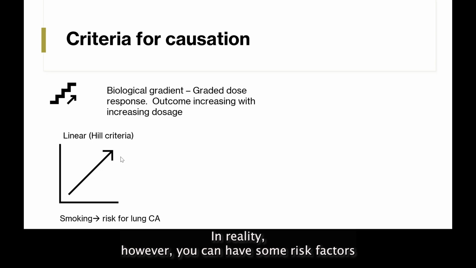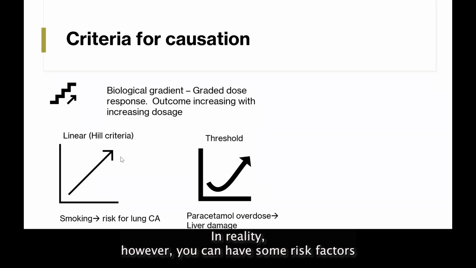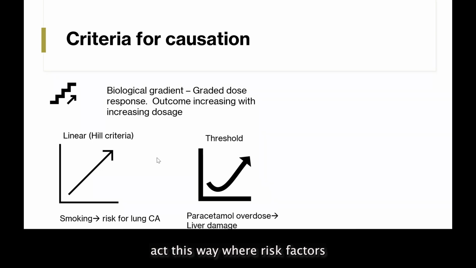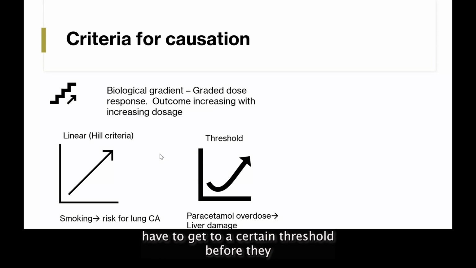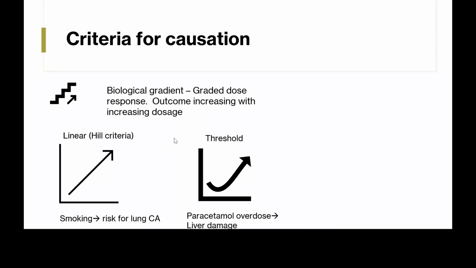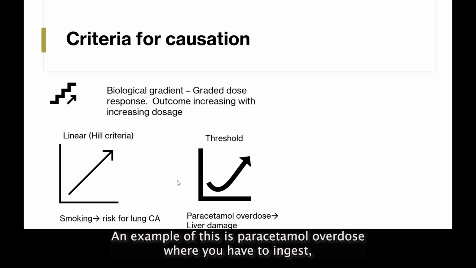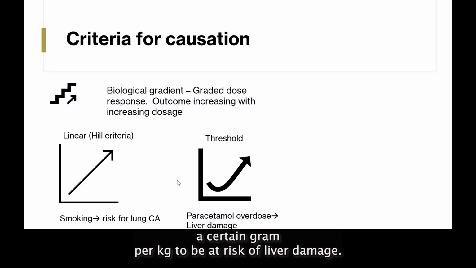In reality, however, you can have some risk factors act this way, where risk factors have to get to a certain threshold before they have an effect on the outcome. An example of this is paracetamol overdose, where you have to ingest a certain gram per kilogram to be at risk of liver damage.